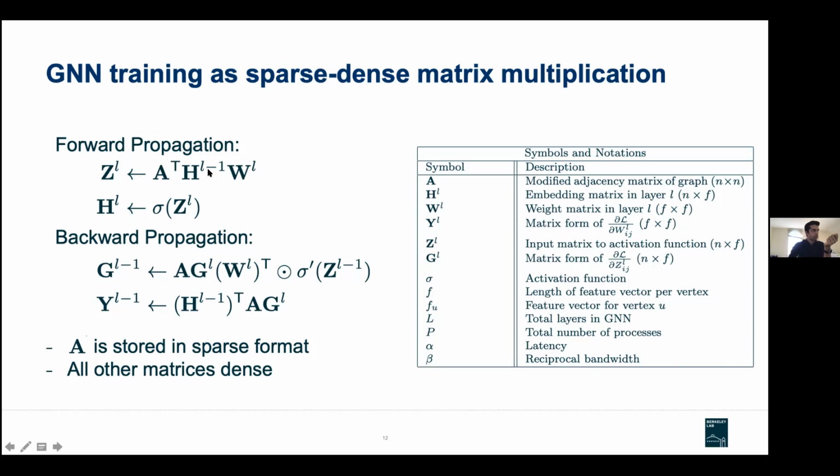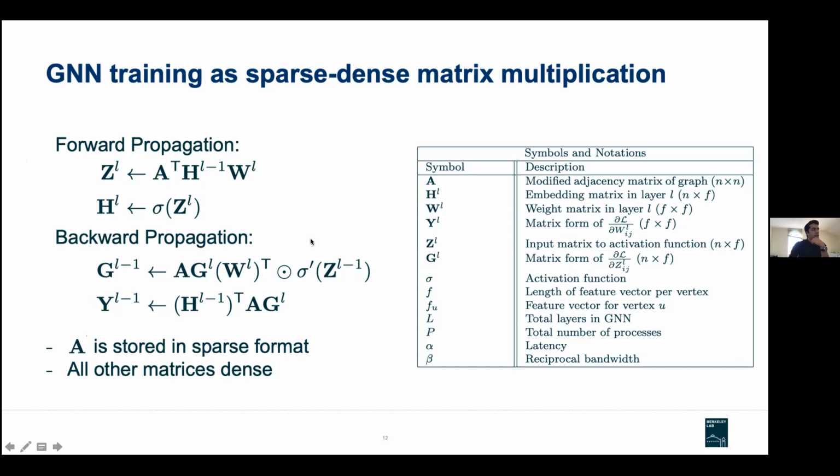We take this matrix, and by multiplying with H, where H is the feature vector matrix, where we have the feature vector per vertex in our graph, we do this aggregation step where we sum up the feature vectors across each vertex's incoming neighbors. That's all summarized by this A times H matrix multiplication. And then this W matrix is the weight matrix that we apply to all the vertex sums. This is what's tuned in the neural network training. This is what the neural network actually learns over time, how to tune these weights.